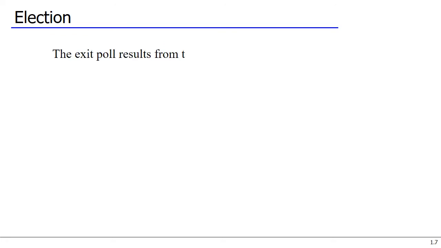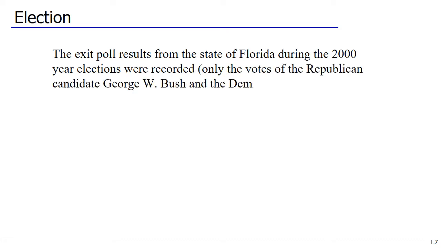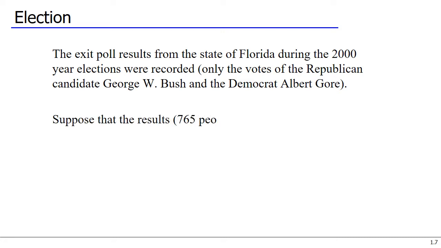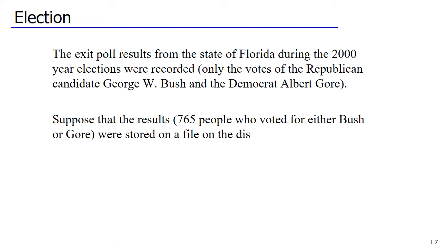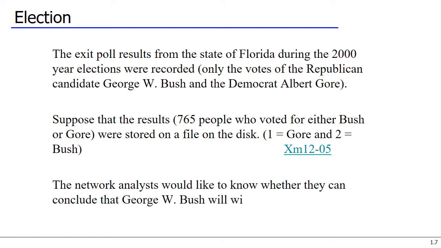The exit poll results from the state of Florida during the 2000 election were recorded, only the votes for the Republican candidate George W. Bush and Democrat Albert Gore. Suppose that the results of 765 people who voted for either Bush or Gore were stored in a file on disk. The network analyst would like to know whether they can conclude that George W. Bush will win the state of Florida.